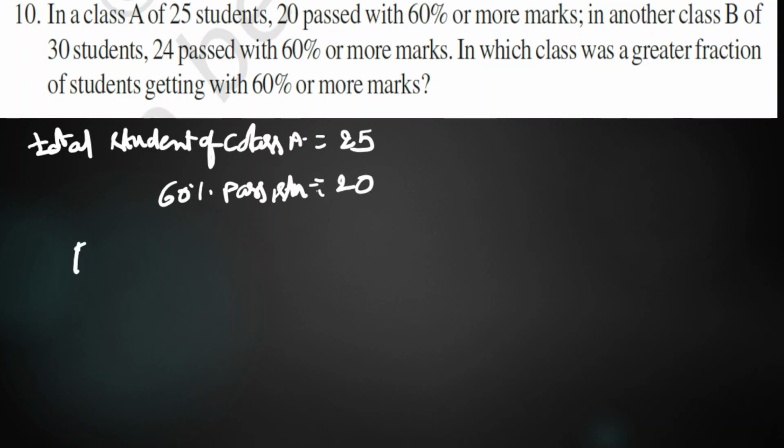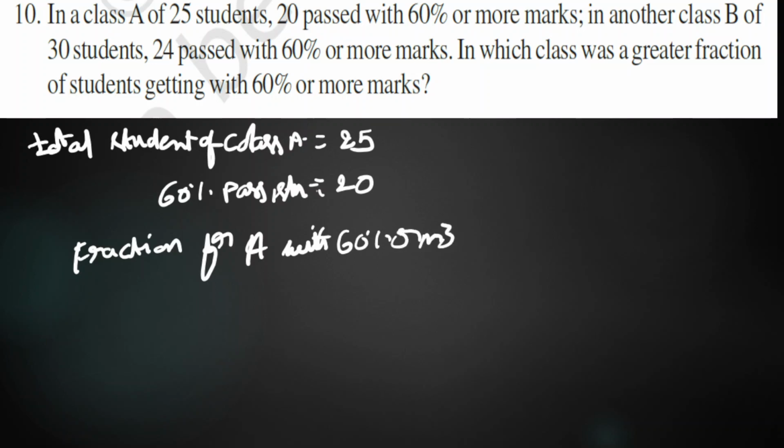So the fraction for class A with 60% or more marks: out of 25 students, 20 passed with 60% or more. This is nothing but 4/5.